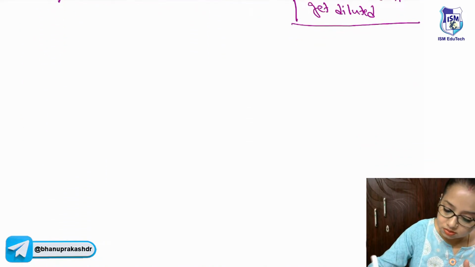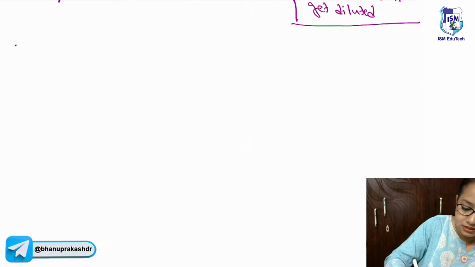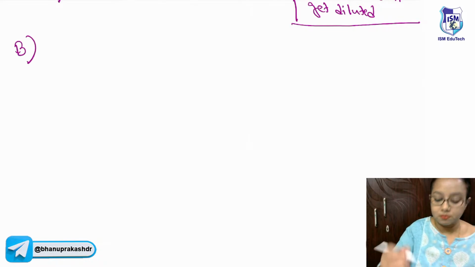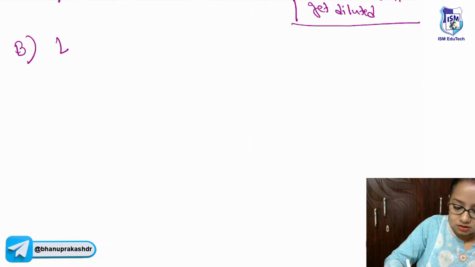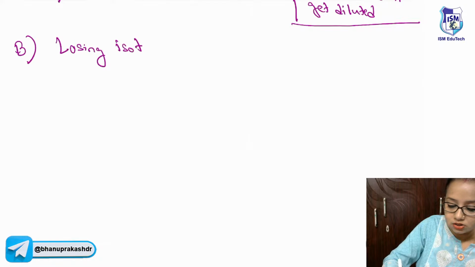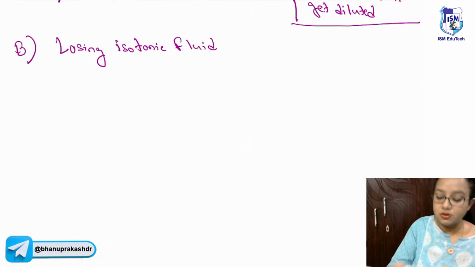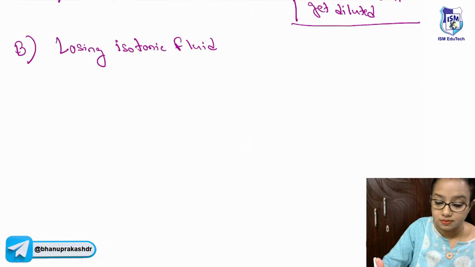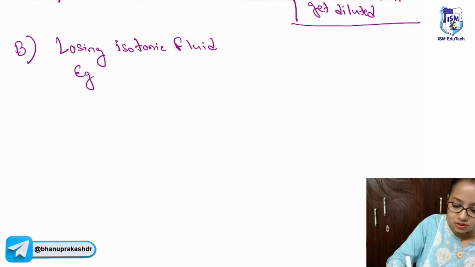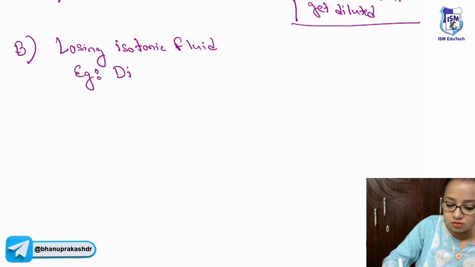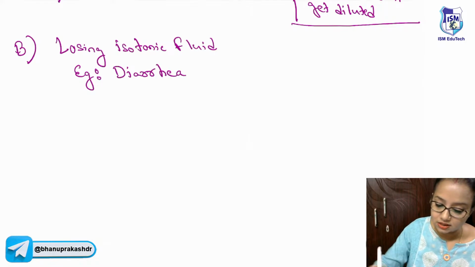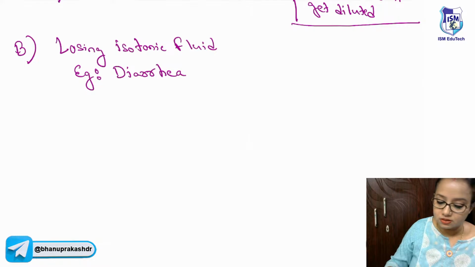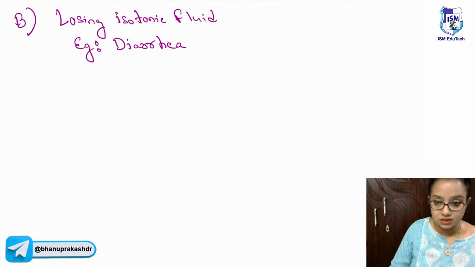Now, the second condition is a person losing isotonic fluid. Now, when do we lose isotonic fluid? For example, whenever a person suffers from loose motion, diarrhea, there is loss of this isotonic fluid.